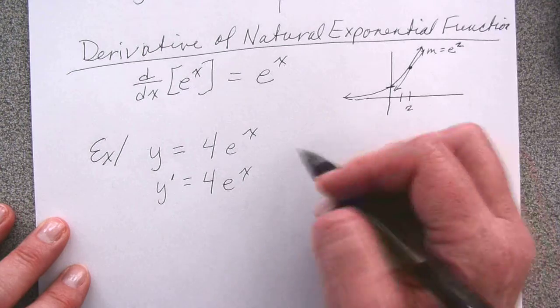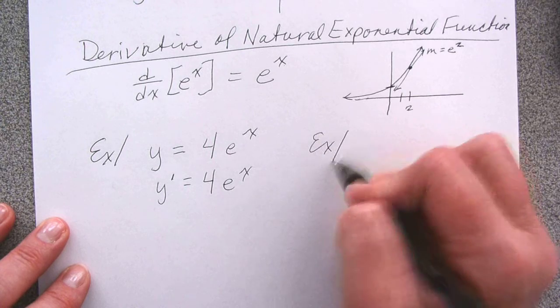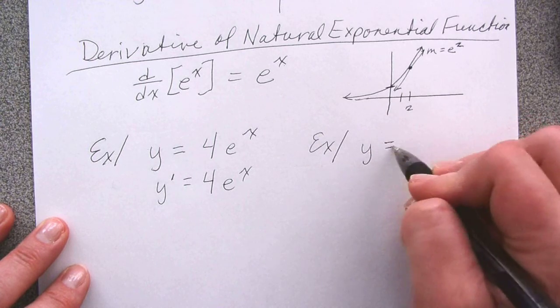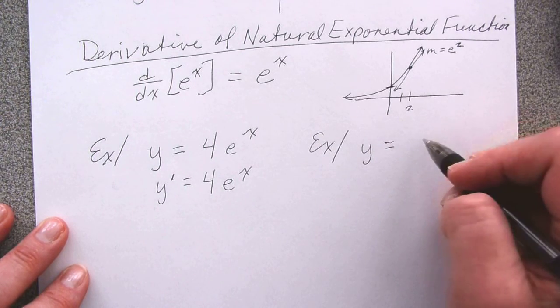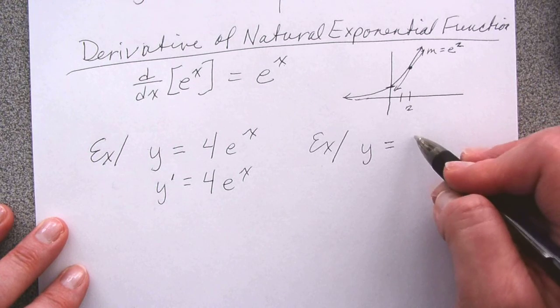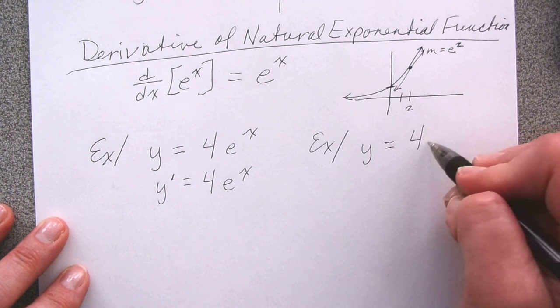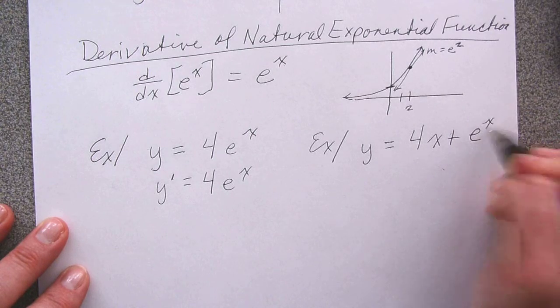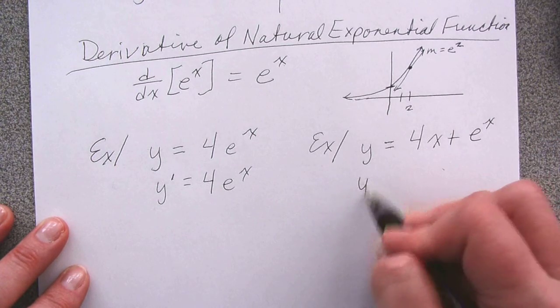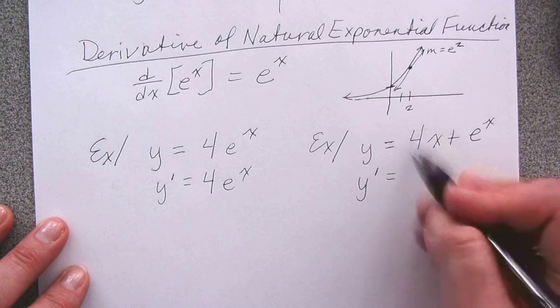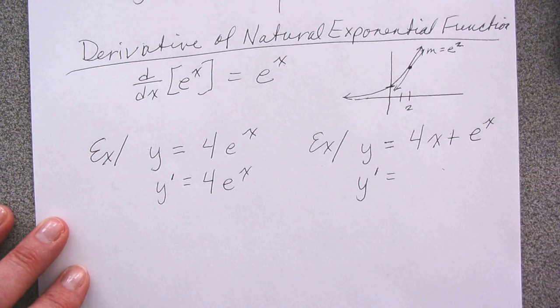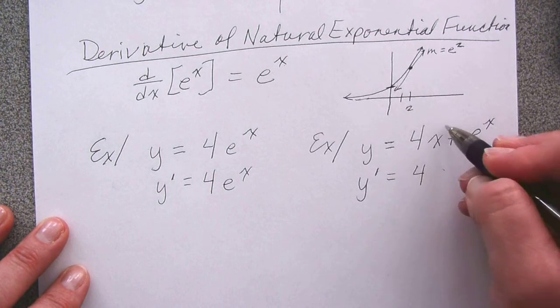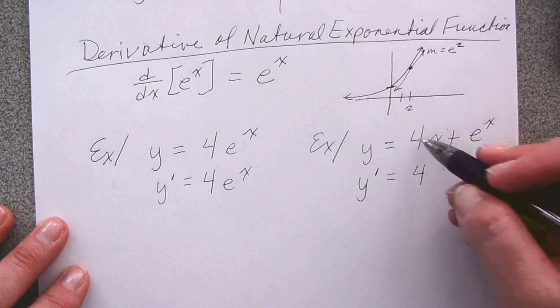If I had y equals, let's say, 4x plus e to the x, what's the derivative of 4x? 4. Because this is to the first power, right? So 1 times 4 is 4.